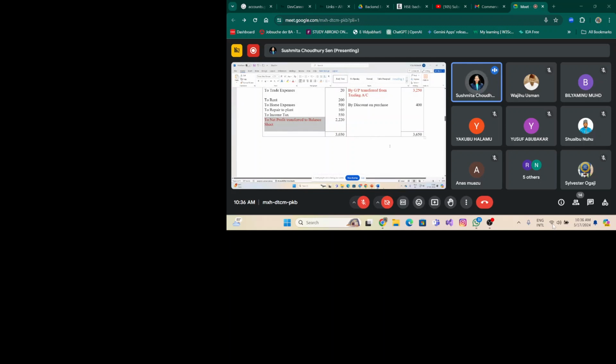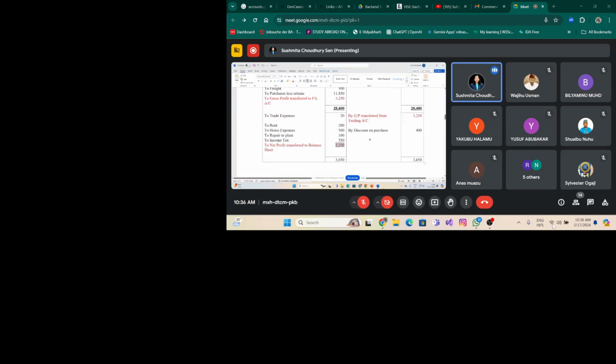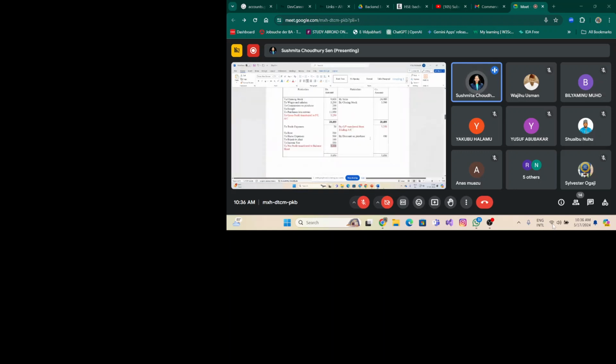After doing all these accounts, you will be able to know what your profit of the business is in a particular financial year. This is the outlook of the trading and profit and loss account. We cannot use color, it is just for understanding. So refer to the format. Here I am taking 2 minutes. You may ask if you have any question in your mind.